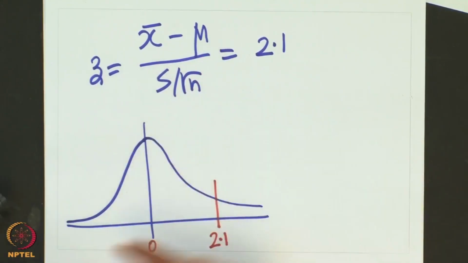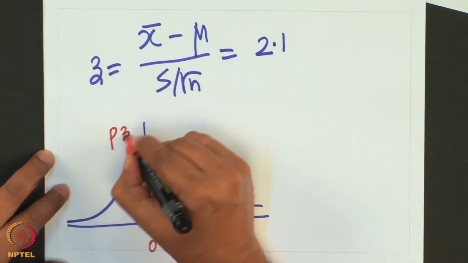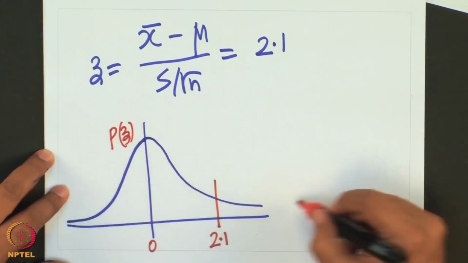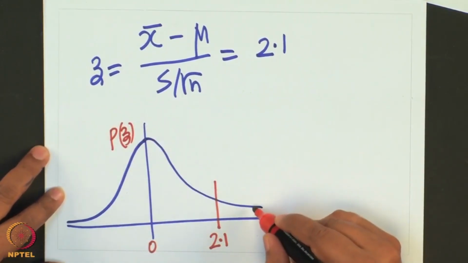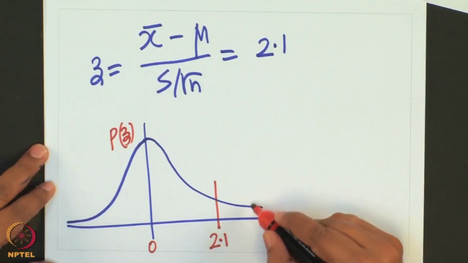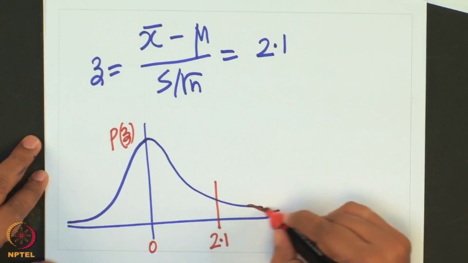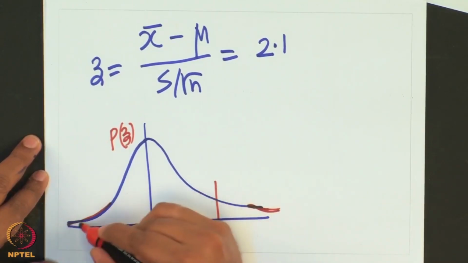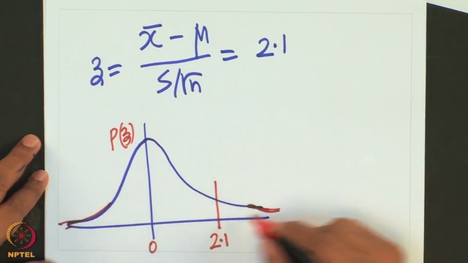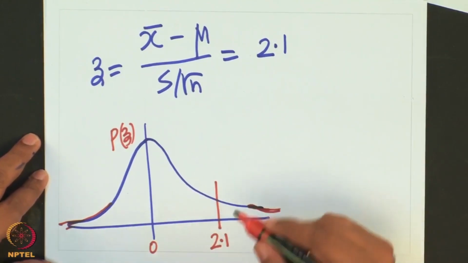But the claim of this distribution itself is that z could have any of these values. The probability of z having this value is small, but there is some finite probability. So there is a finite probability of having large z values as well.